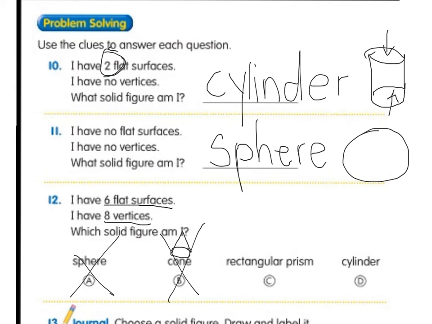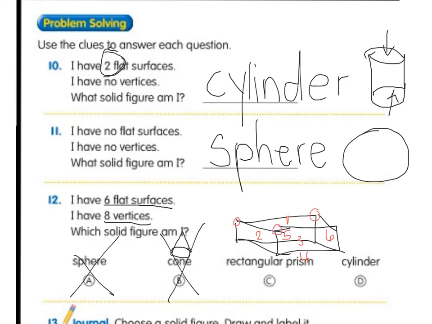Rectangular prism, remember, is our prism like this. So if we look, 6 flat surfaces, so 1, 2, 3, 4, 5, and 6. So that works out.